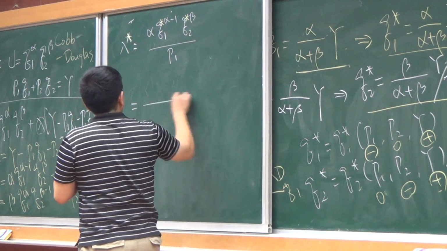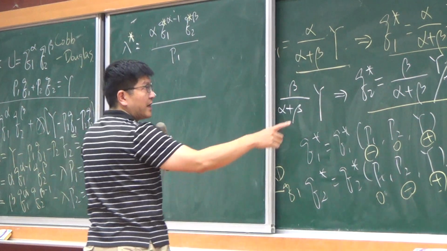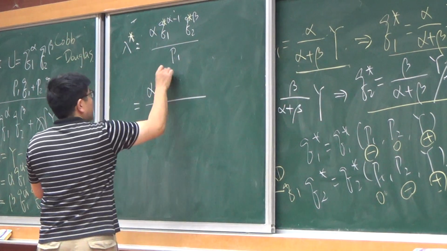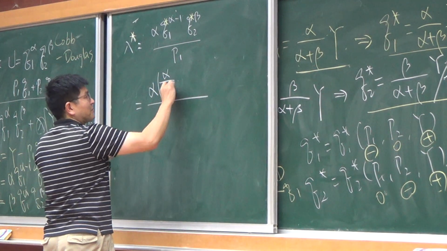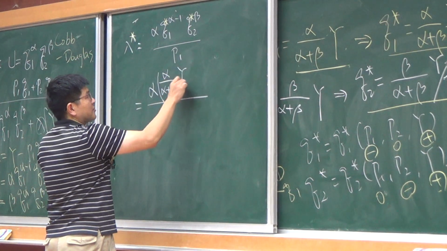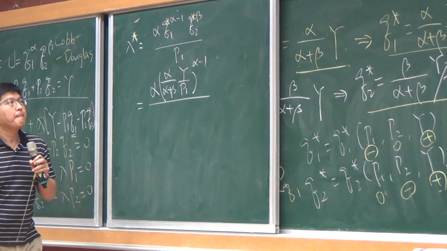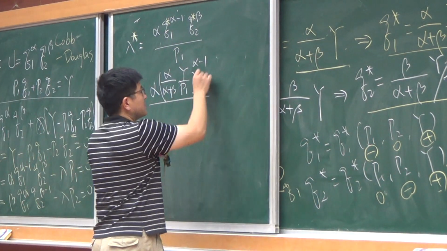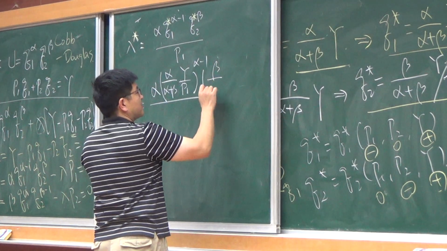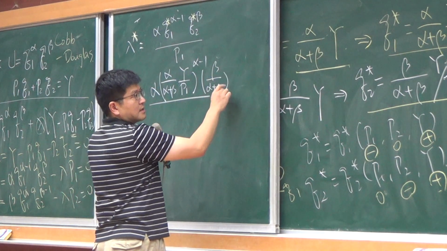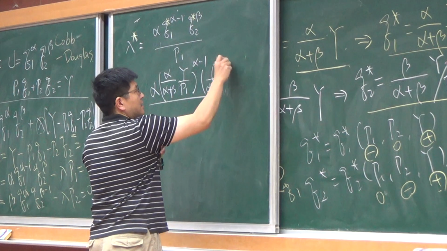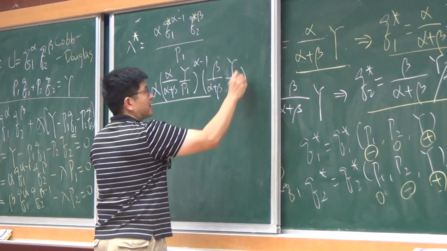So q1 star will be alpha over alpha plus beta y over p1 to the power of alpha minus 1. And q2 star would be beta over alpha plus beta y over p2 to the power of beta.